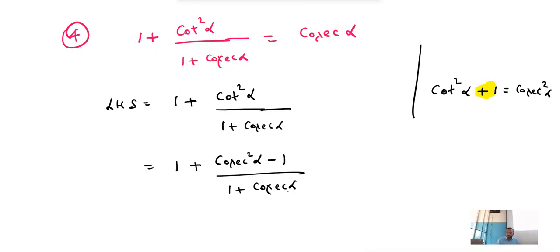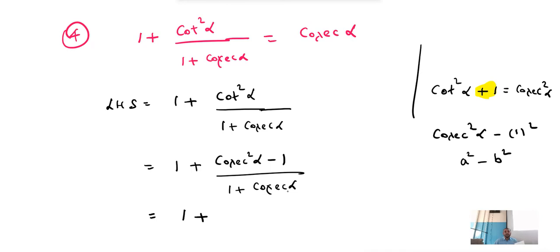See here children, very simple. Here we have cosecant square alpha minus 1, which can be written as cosecant square alpha minus 1 square. What is 1 square? 1 square is 1. It is in the form of a square minus b square.